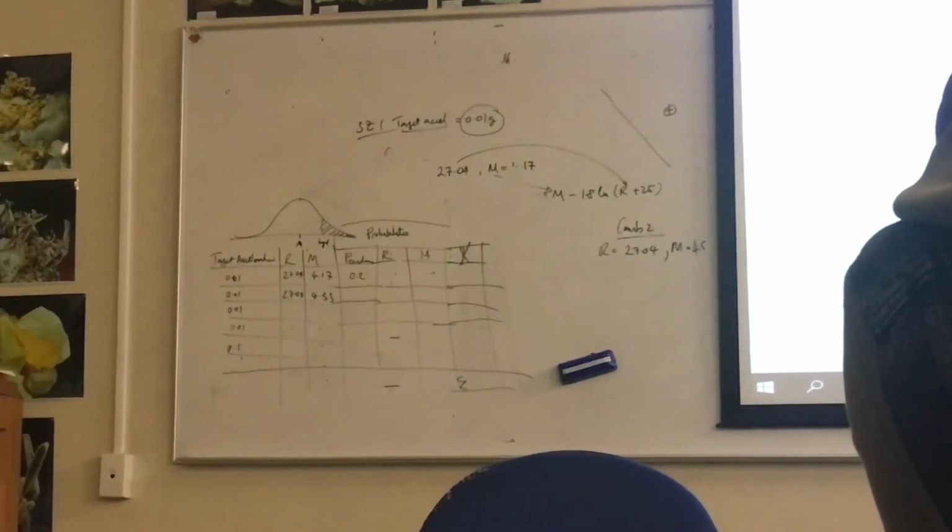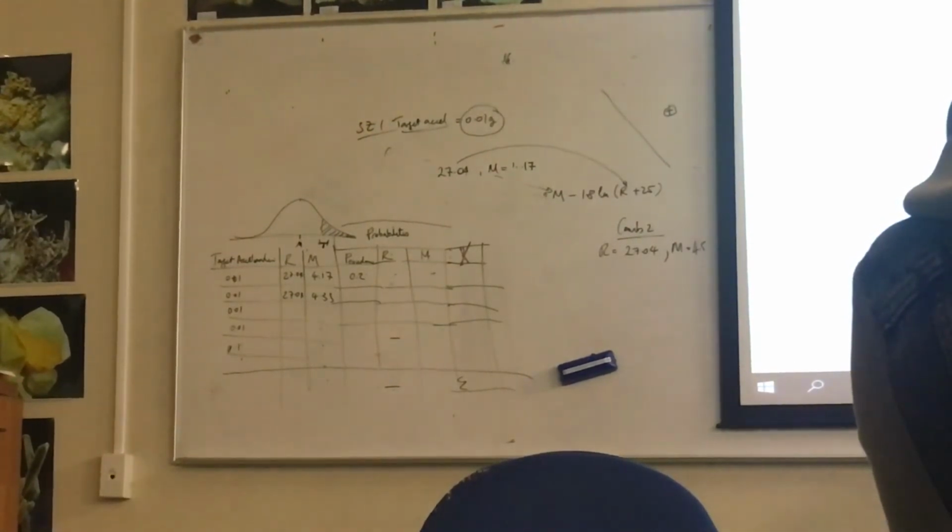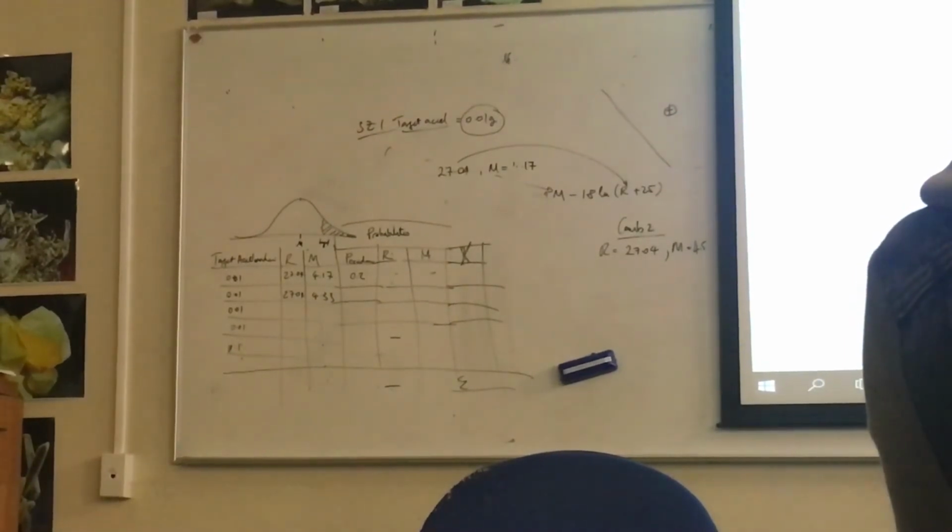This is the probability of the magnitude of 4.17 occurring, from your distribution. This is the probability of the distance of 27, that it's going to occur at 27 meters. And then we multiply it by the probability of the event occurring itself, which means the probability of it being greater than 4.